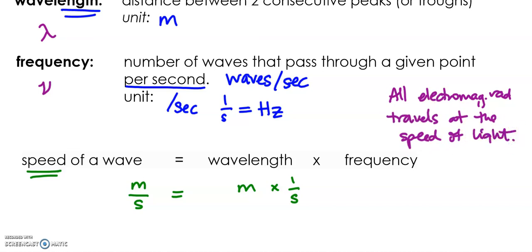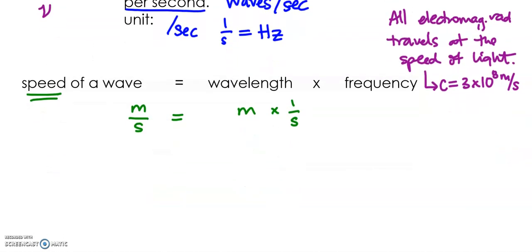And the speed of light, we use the letter C for the speed of light, and it's 3 times 10 to the 8th meters per second. So light will travel 300 million meters every second.